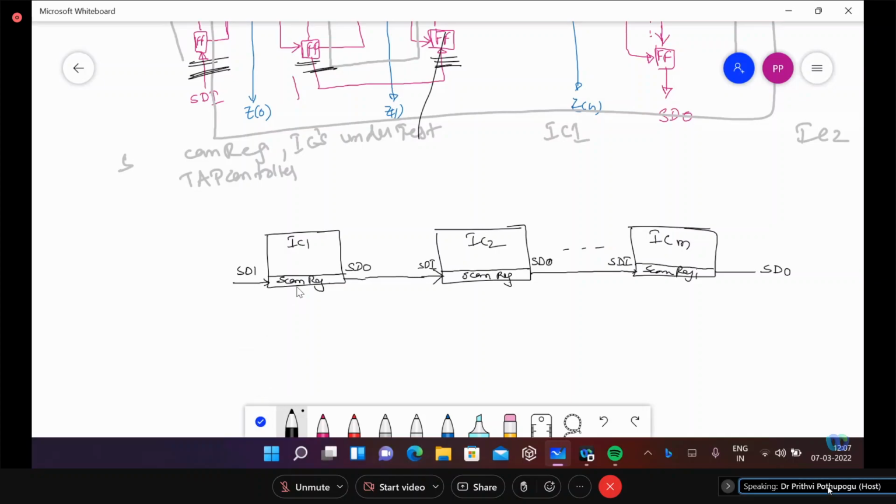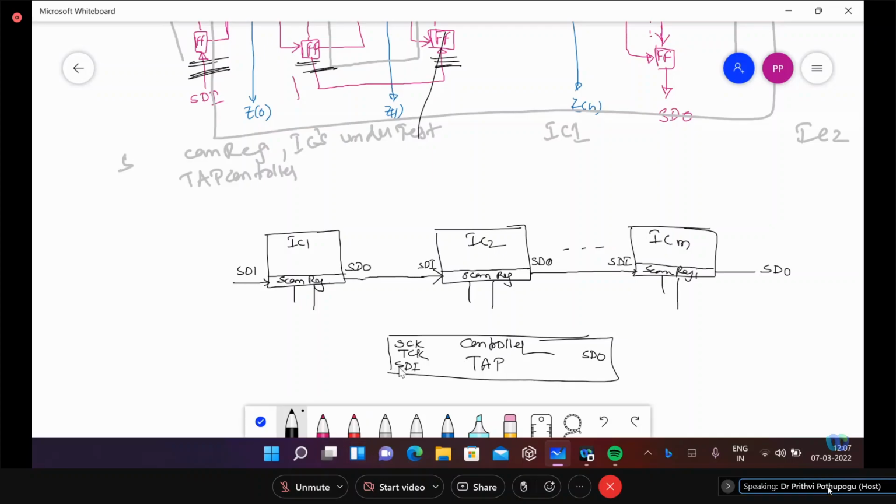Okay, and these scan registers will have two clocks, no? Your system clock and test clock. And these two should be initiated or controlled by a controller, what we call the test access port controller, test controller. This one will be issuing the system clock, test clock, and SDI information, and it will take SD naught information.